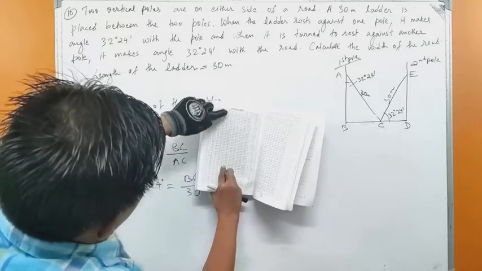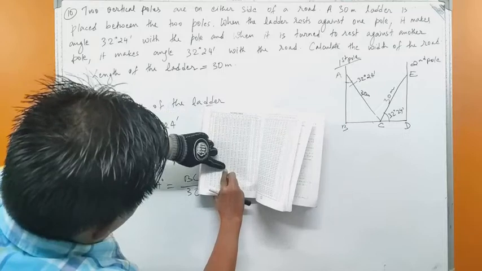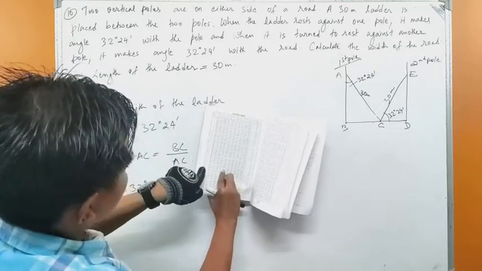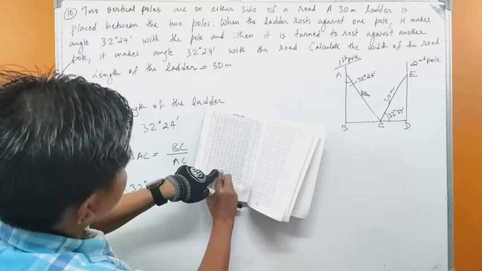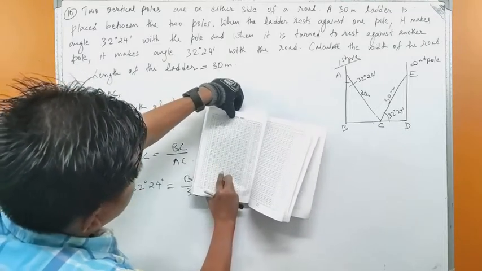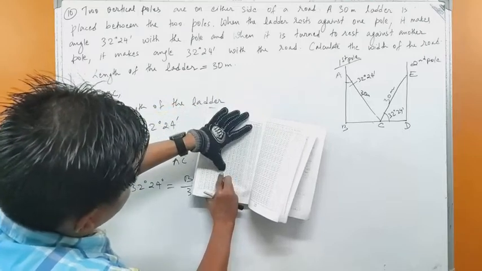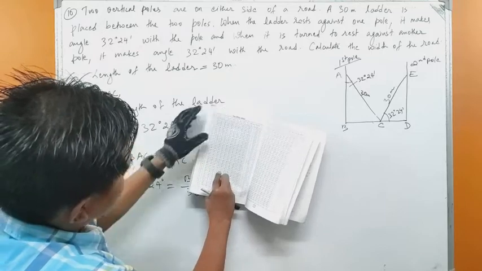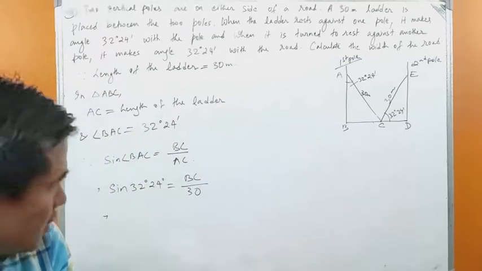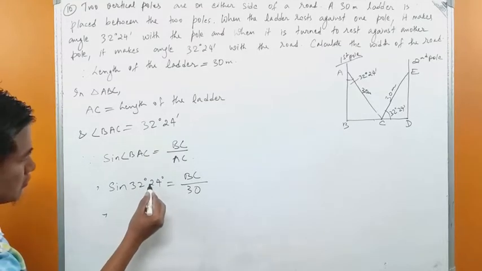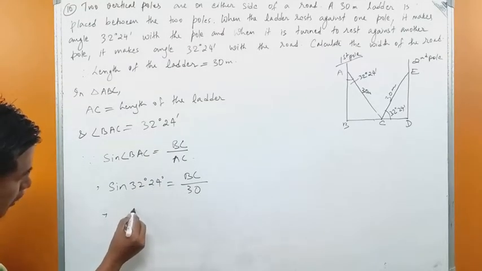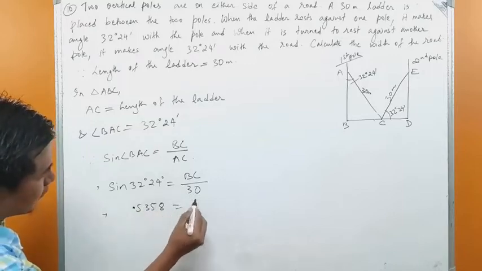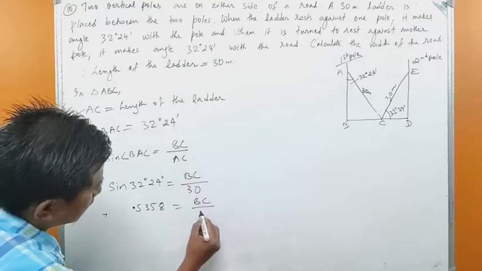We catch the line 32 and move horizontally, and we catch the line 24 minute, we move vertically down, and the point where it meets is 5358, isn't it? So the value of sine 32 degree 24 minute means 0.5358.